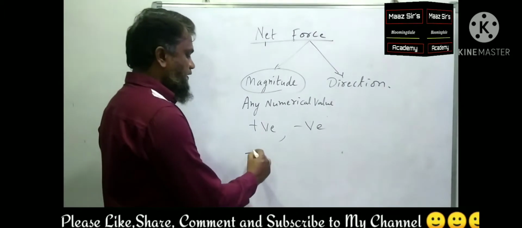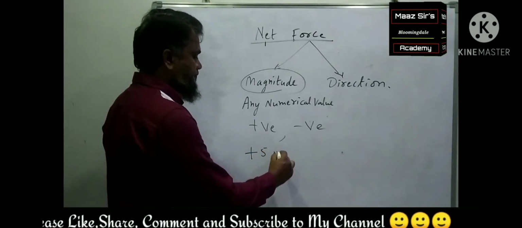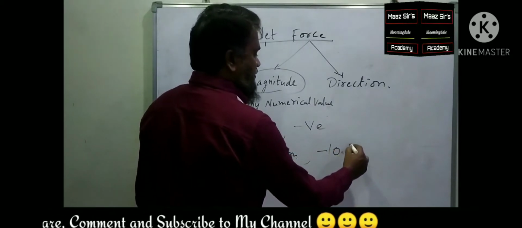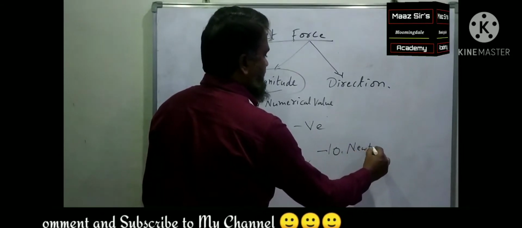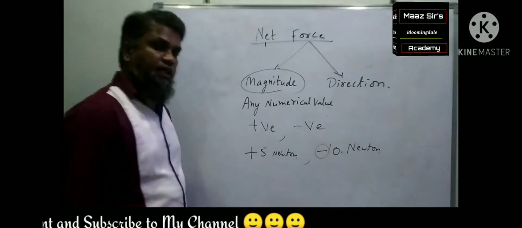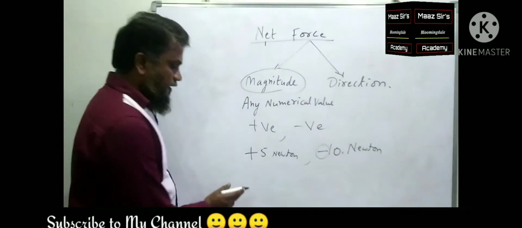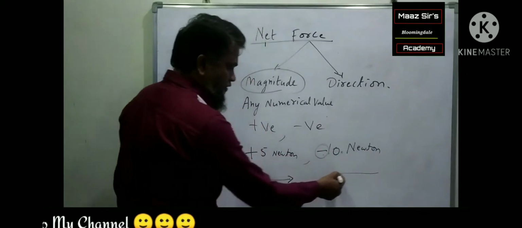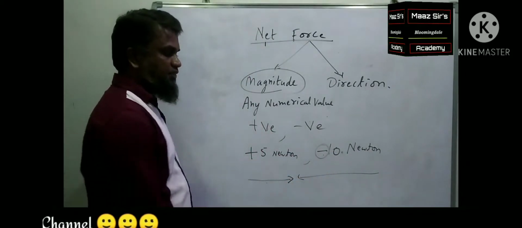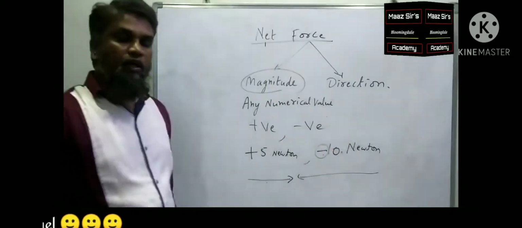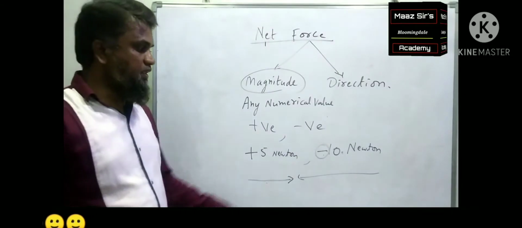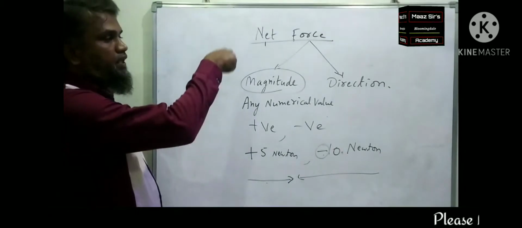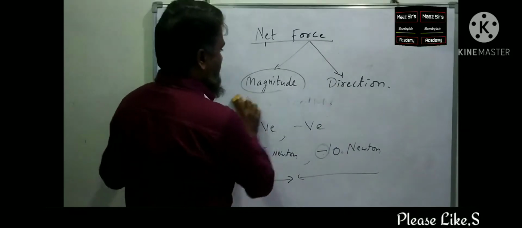We can represent it as 5 Newton, as well as minus 10 Newton. So what does this minus 10 Newton represent? That this force is opposite to this force, so that's why it is represented with a negative sign. That means this force is always opposite in direction. So we will learn in depth about net force.